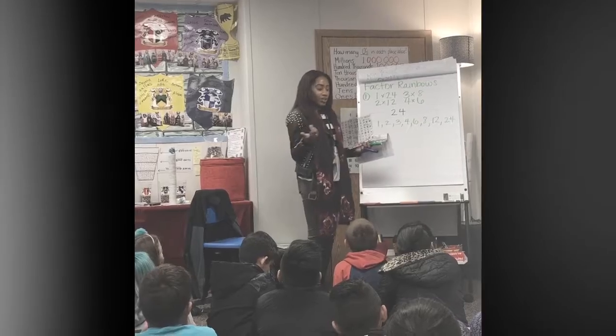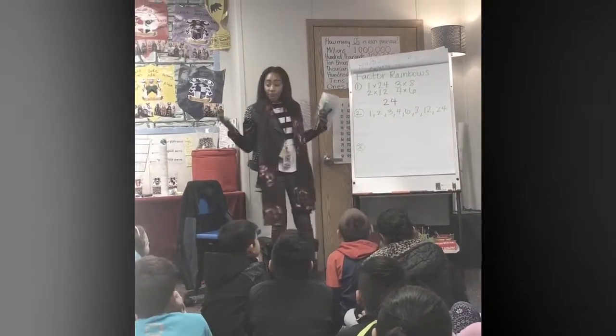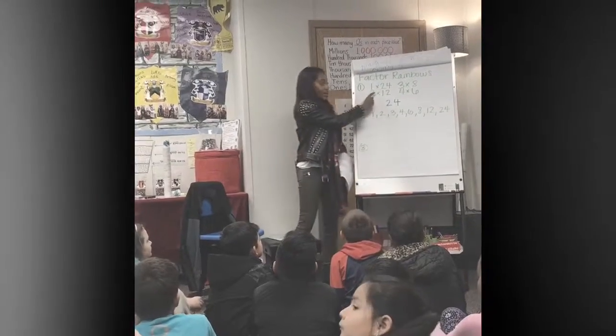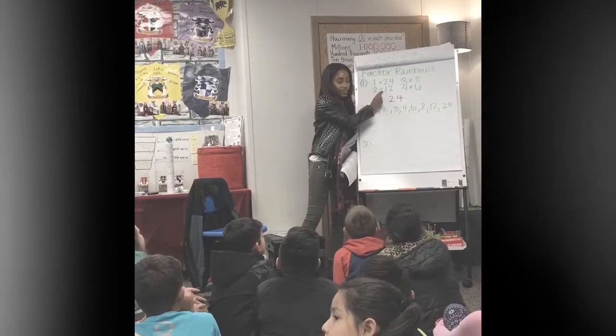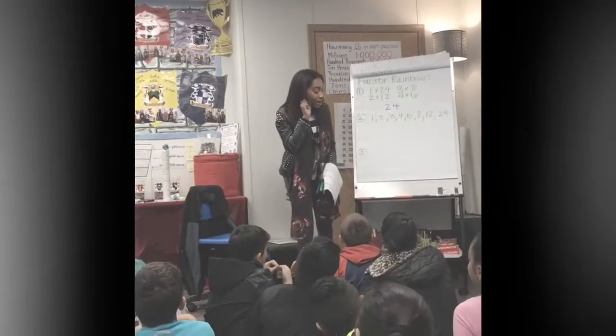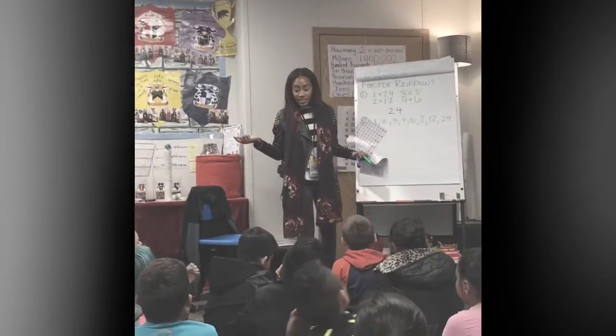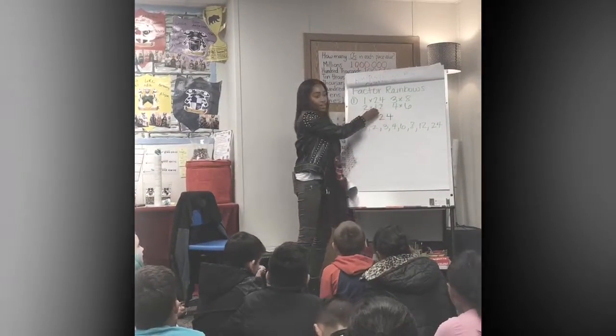So factor pairs are the ones that are in the equation together? Yeah. Factor pairs are the numbers that are in the equation together, okay?